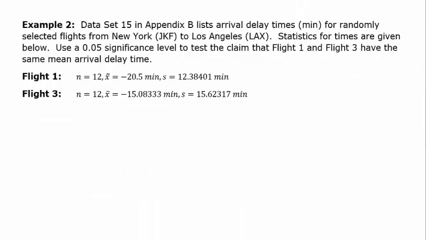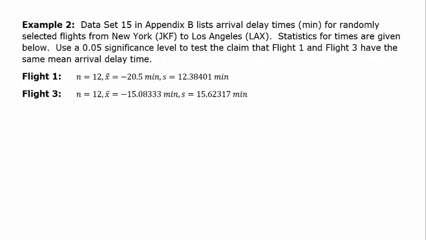In the next example, this is from data set 15 in Appendix B. It lists the arrival delay times in minutes for randomly selected flights from New York JFK to Los Angeles LAX. Statistics for times are given below.